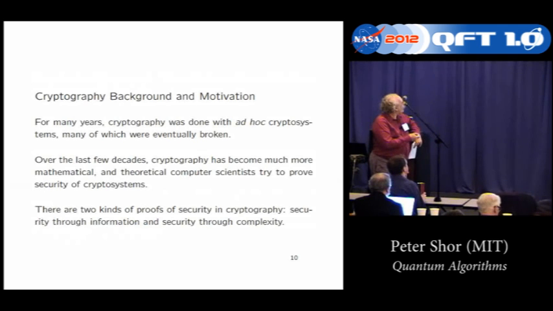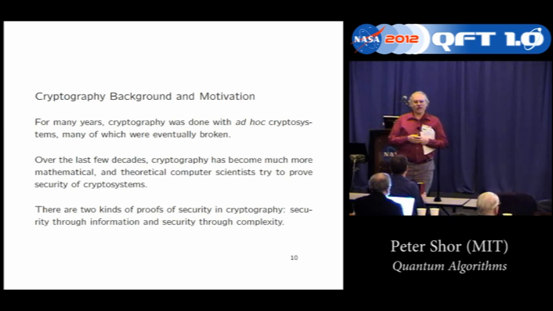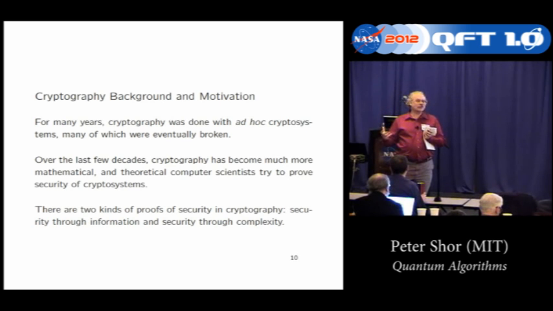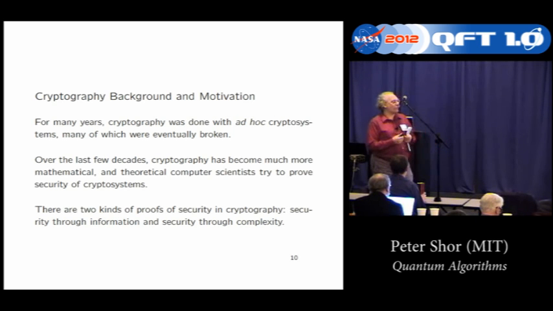Now, let me go on with a little bit of explanation about cryptography. So, for many years, cryptography was done with ad hoc cryptosystems, kind of like the Enigma, and many of these were eventually broken. So, mathematicians started working very hard on figuring out how to design cryptosystems that were not broken.